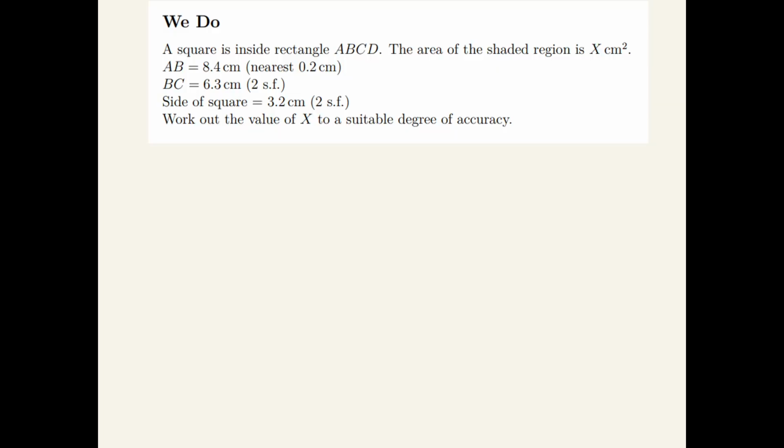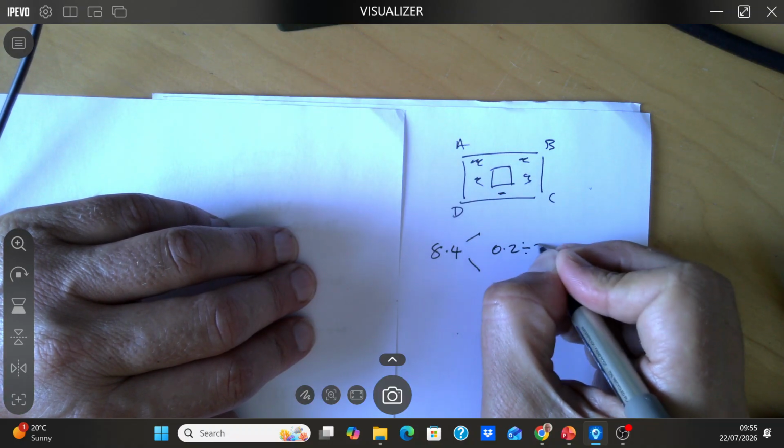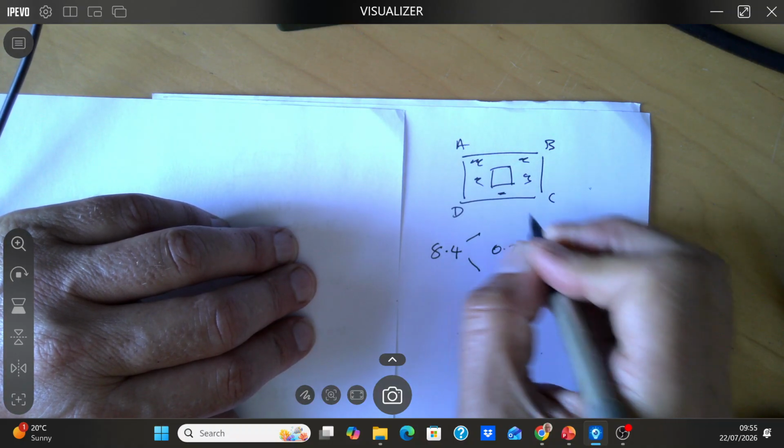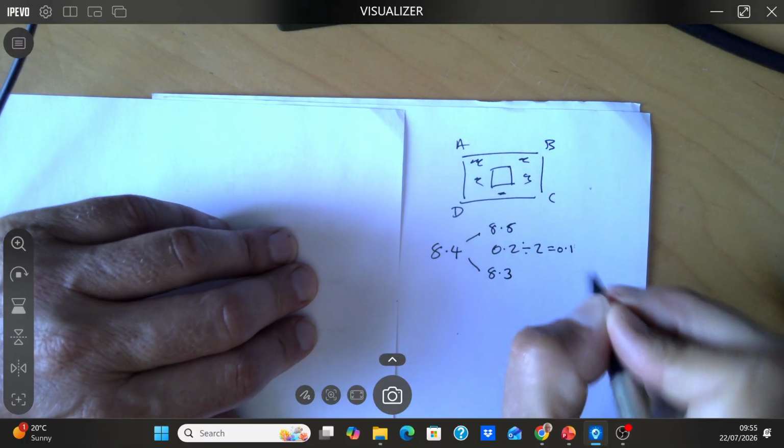The question says AB is 8.4, and that is to the nearest 0.2 centimetres. So write 8.4. Work out your upper and lower bounds. It was rounded to 0.2. 0.2 divided by 2 is 0.1. So you should have 8.3 and 8.5.